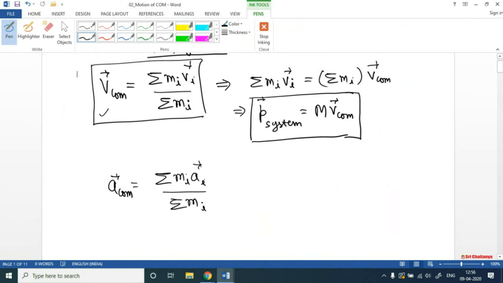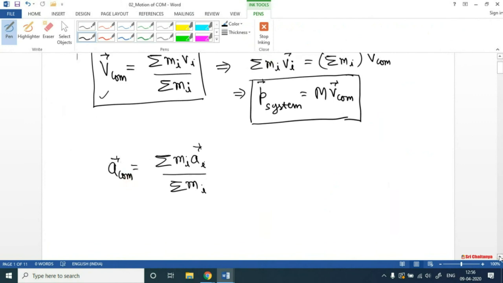And this formula again, by rearranging we can find another important relationship. This says that the summation of m_i a_i would be equal to the summation of m_i multiplied with the acceleration of center of mass.